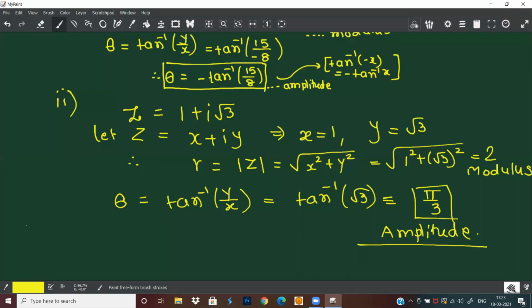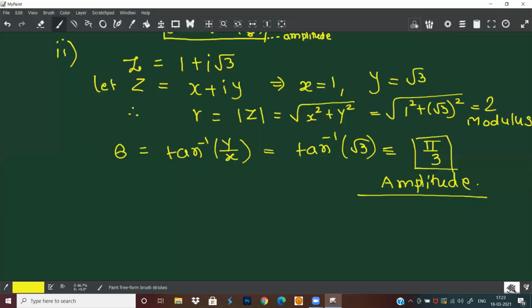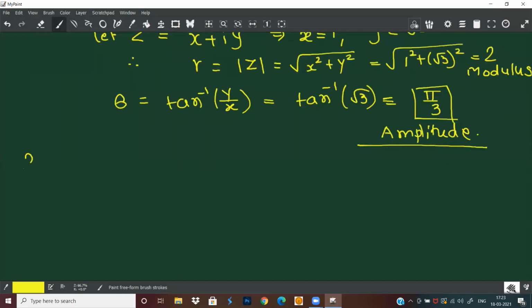Now, second type of sum. Express, represent is not the right word.